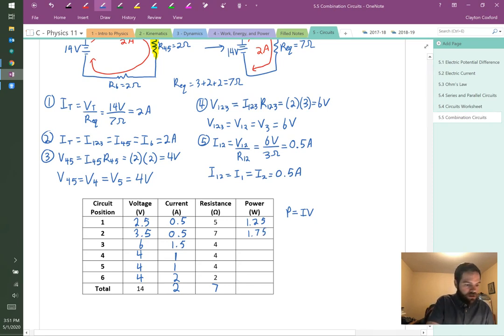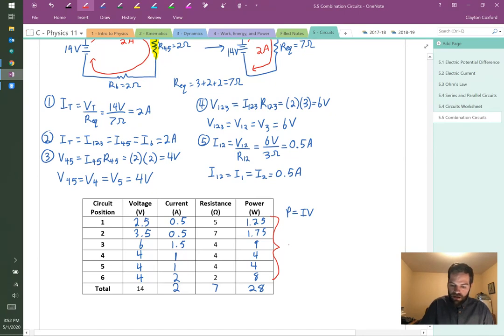6 times 1.5 is 9 watts, then 4 watts, 4 watts, 8 watts, and 28 watts is produced by the battery. So let's just do our double check here, see if we've done everything correctly.